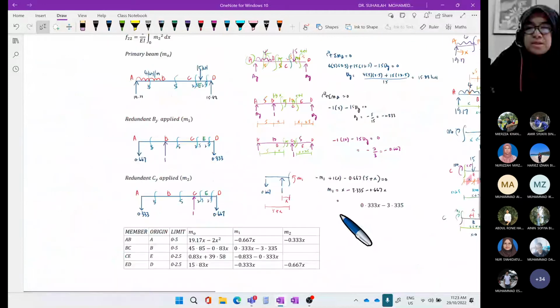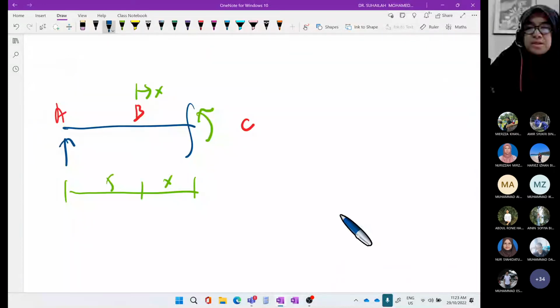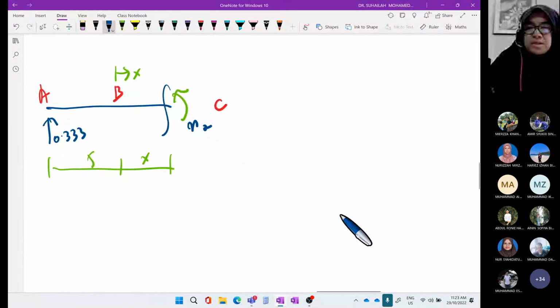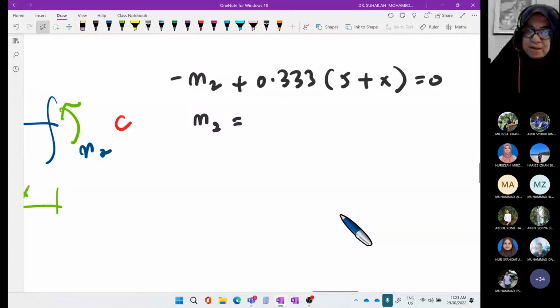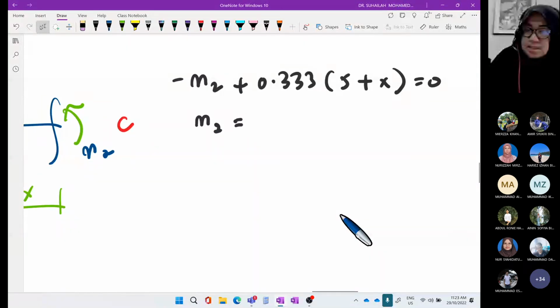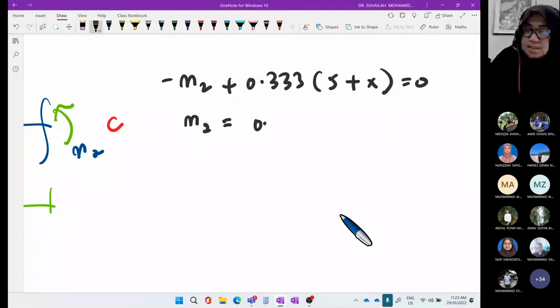So this is M2. So what we get is negative M2 plus 0.333 times 5 plus X equal to 0. So M2 equal to 0.333 times 5. Dapat apa? 1.665 plus 0.333x. Okay.